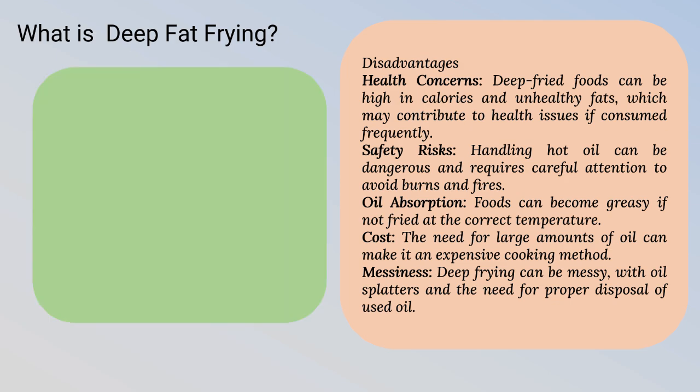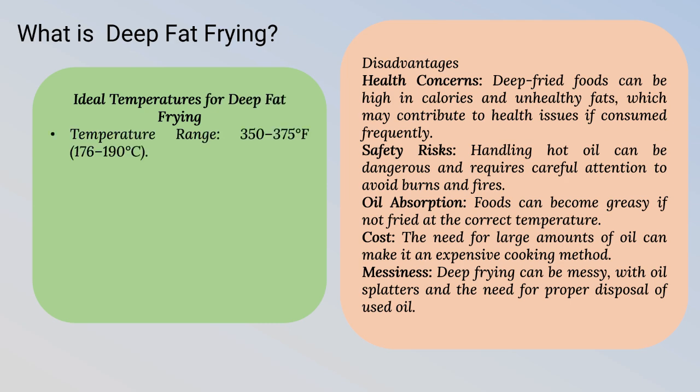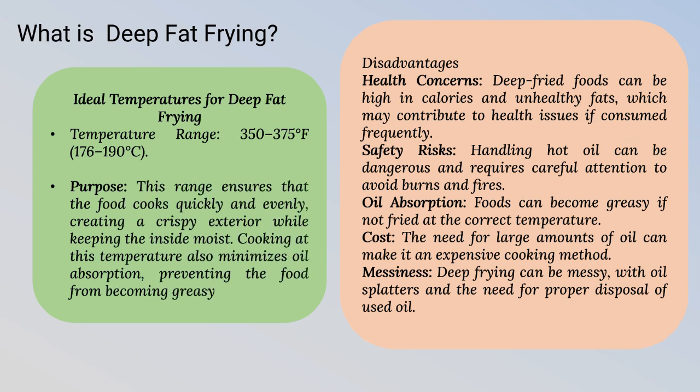Okay. Now find out the exact temperature level for frying. Ideal temperatures for deep fat frying: the temperature range is 350 to 375 degrees Fahrenheit, and correspondingly 176 to 190 degrees Celsius. Purpose. Why is it so?